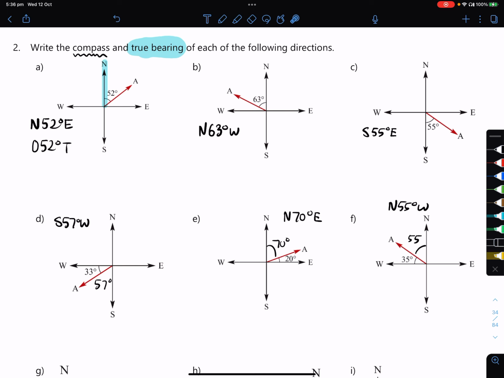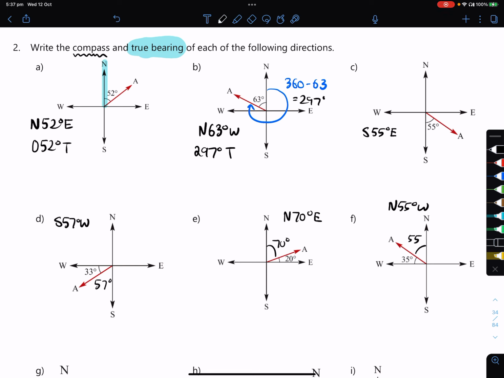Okay. But as for question B, we now have to calculate what this is. Okay. So starting from north in a clockwise motion, that's the angle you're going to calculate, and we calculate it by getting 360 minus 63, which is going to become 297 degrees. Okay, so that is our bearing.